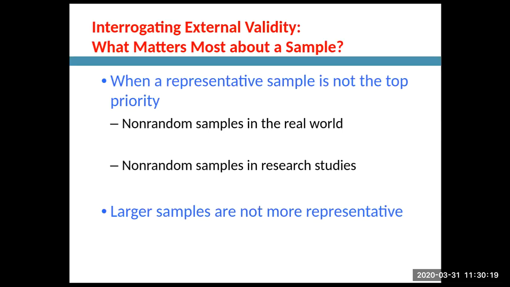In this case, larger samples are not necessarily more representative. They are if they were not taken or not recruited in a biased way. In a random sample, it's much better and much easier to generalize that to the population as a whole.